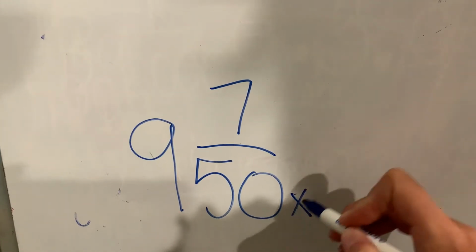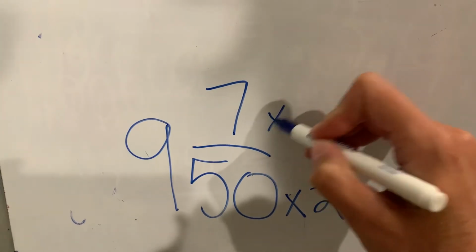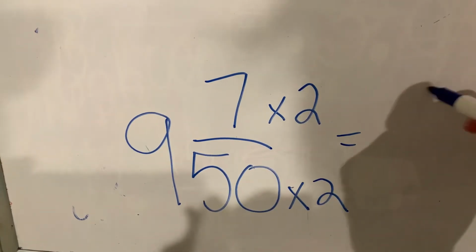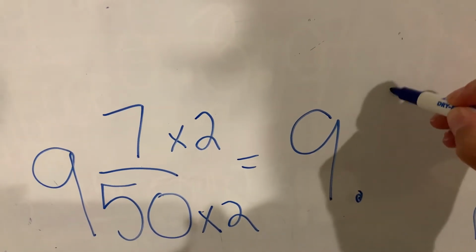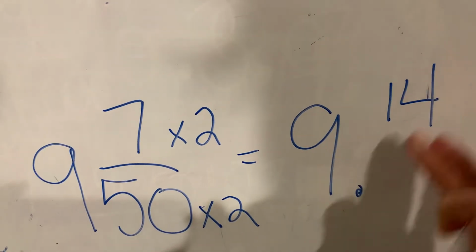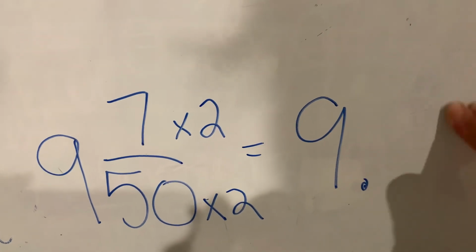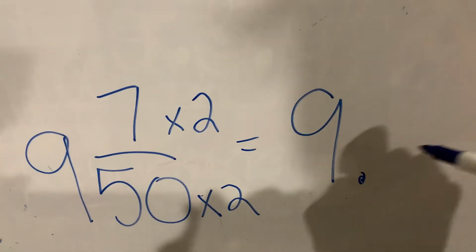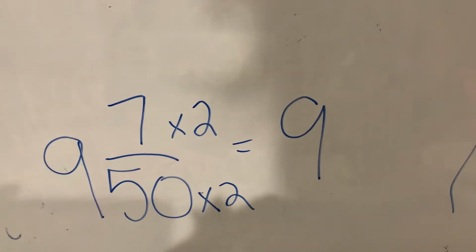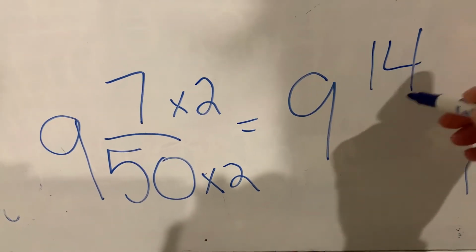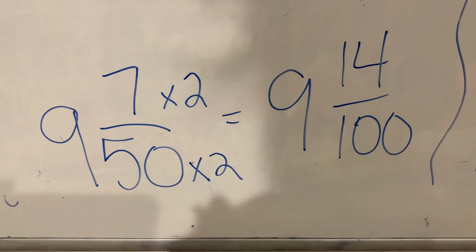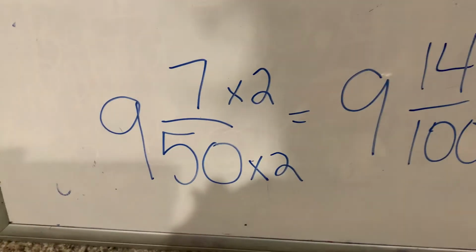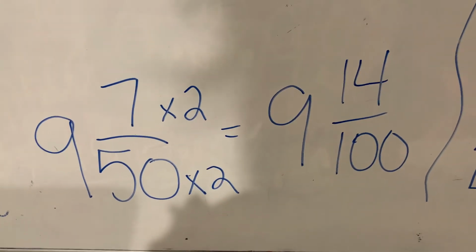Well, I can multiply it by 2, right? Multiply this by 2, and now I get 9 and 7 times 2 is 14. Gotta rewrite my fraction first. 14 over 100. So I have 9 and 14 hundredths, which is the same as 9 and 7 fiftieths, okay?